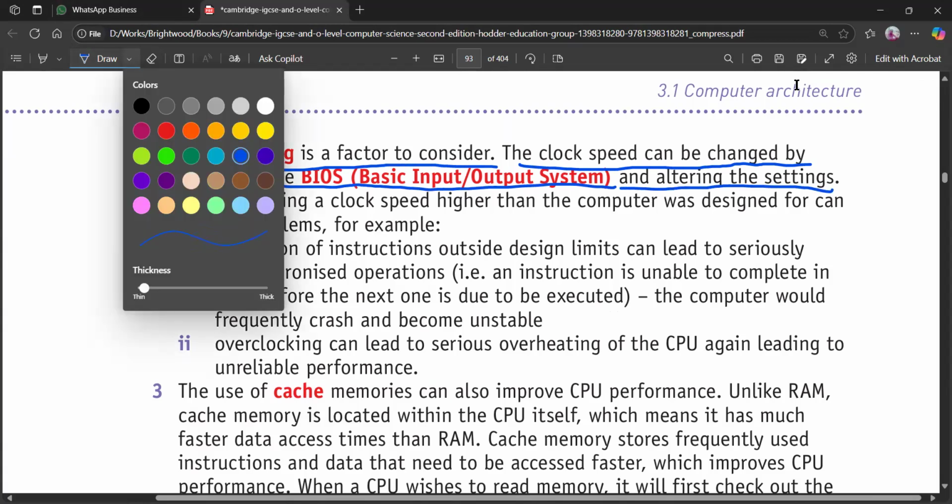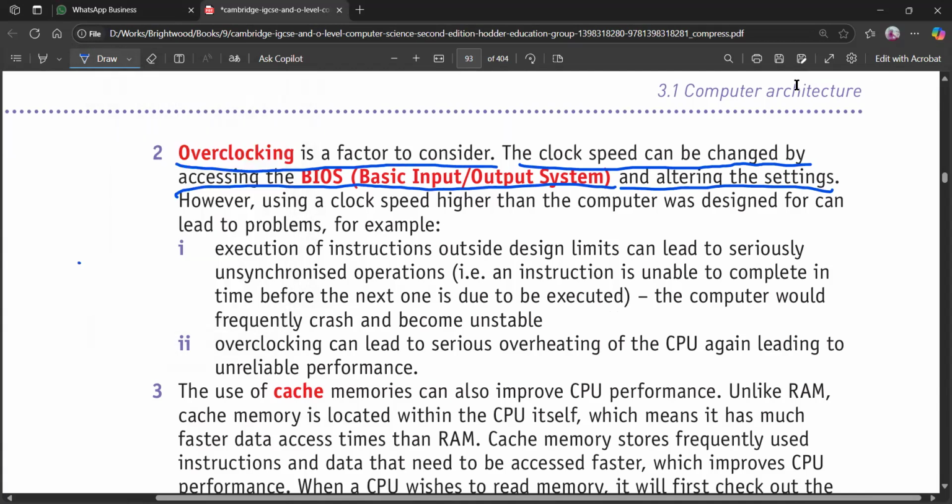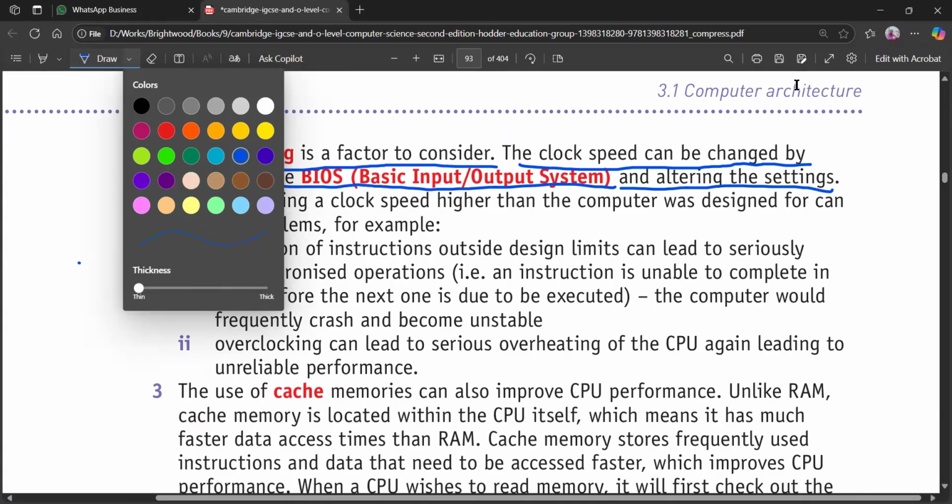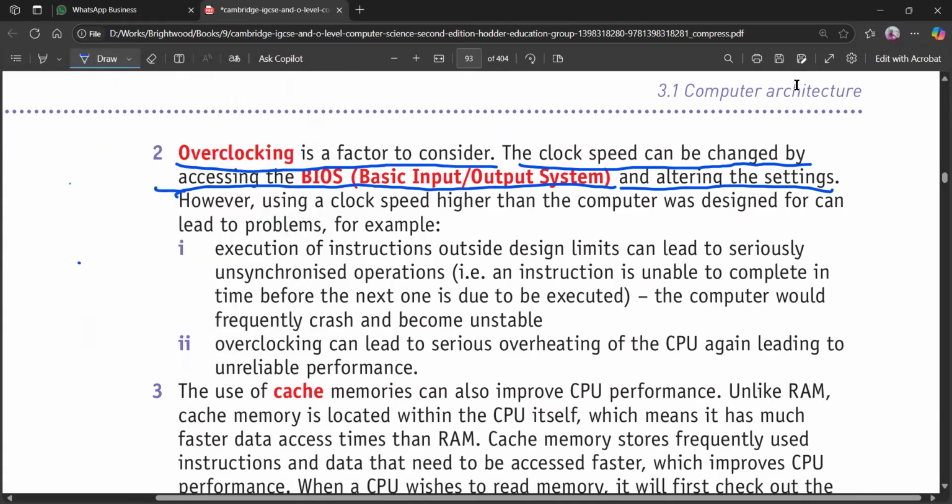The clock speed can be changed by accessing the BIOS.